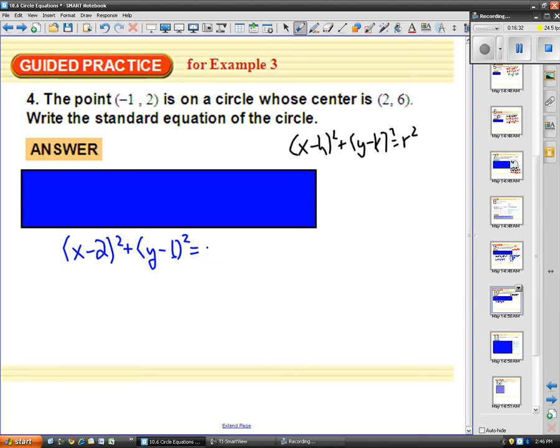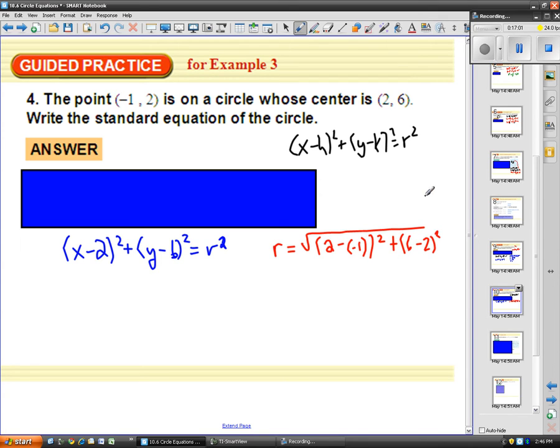So again, I have to use my distance formula between these 2 points. And so r, I'm going to go with r equals the square root of, well, subtract my x's, and I like the positive, so I'm going to start with a big number, minus -1 squared, plus, now subtracting my y's, 6 minus 2 squared. And again, I chose whatever numbers went first, bigger numbers first, so I try to get positives.